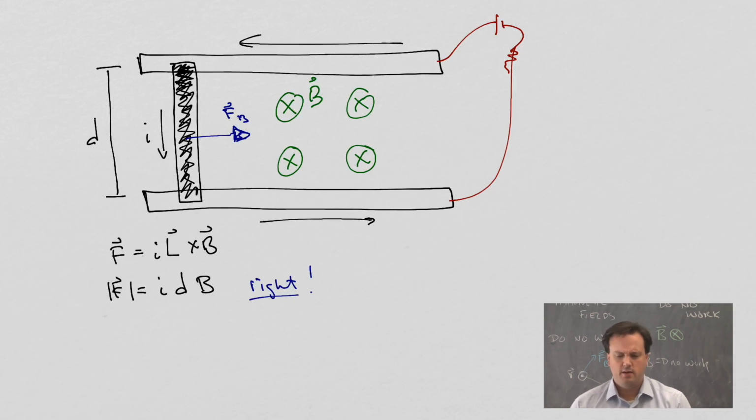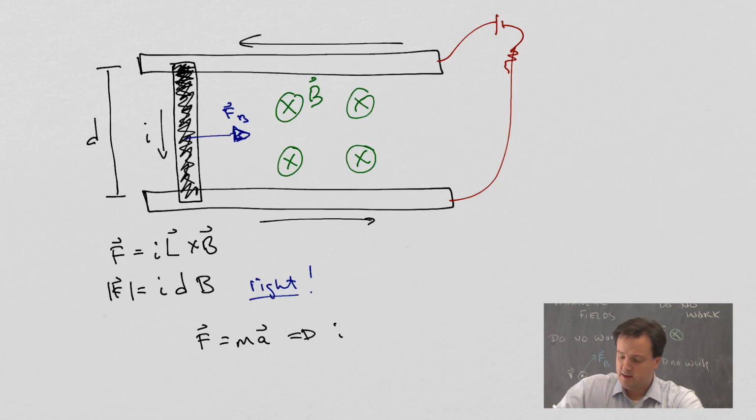Well, okay, what's going to happen to the force as the rail moves to the right? Well, the current's not going to change because it's still in the same circuit, and so the current's going to be the same. So the force is going to be constant. So if I do F equals ma, right, then I can tell that IdB is going to be equal to the mass of this segment, which I'll just call m, times the acceleration.